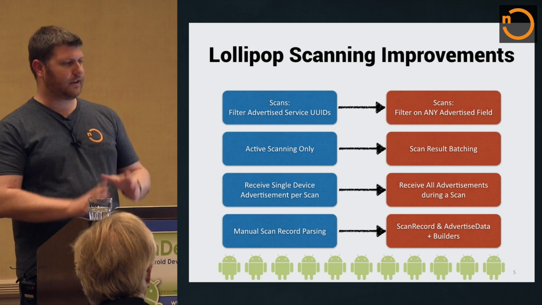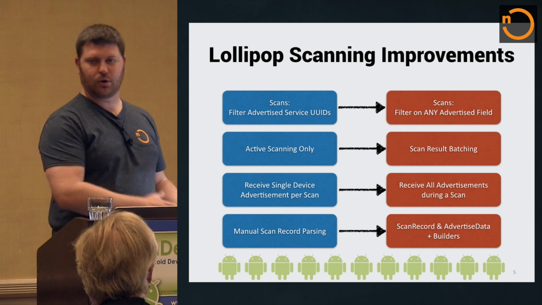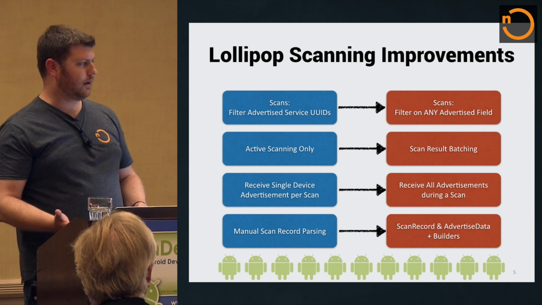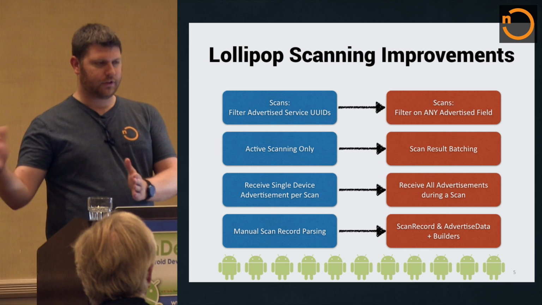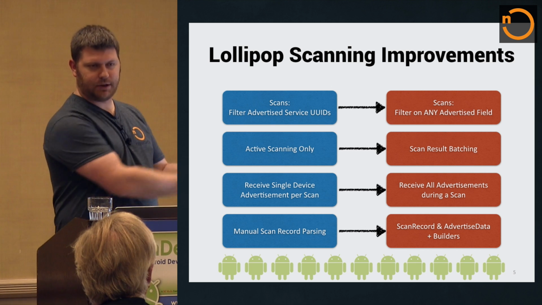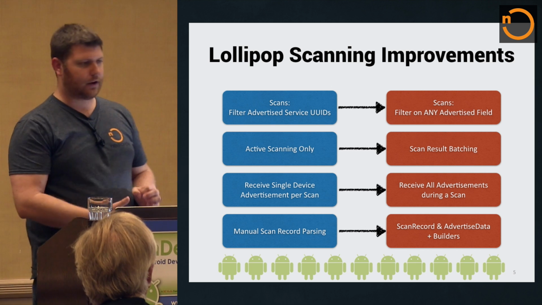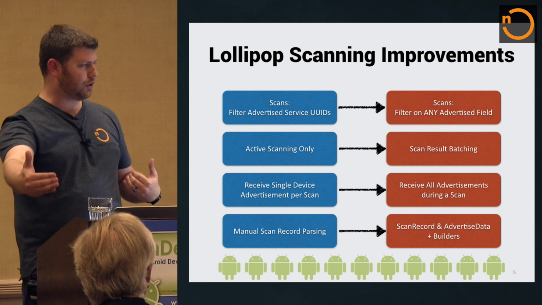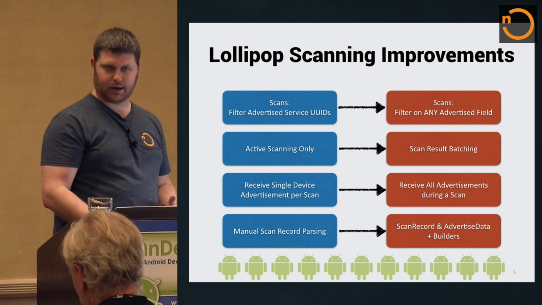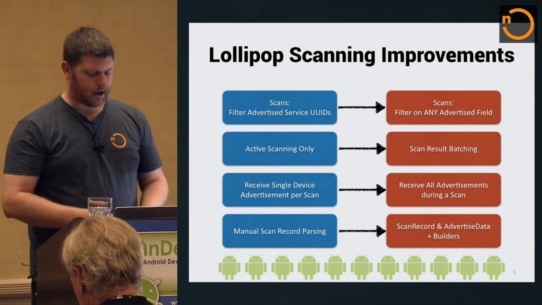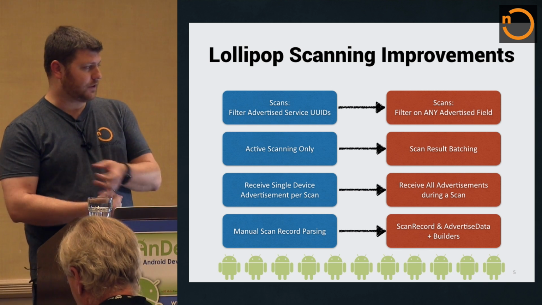So now the device can fully go into suspend mode with an active BLE scan, and then when the application wakes up at some later time, all the scan results as a single batch can be delivered to the application. So it allows for much lower power, longer term scanning than we ever had before with the Jelly Bean and the KitKat APIs.